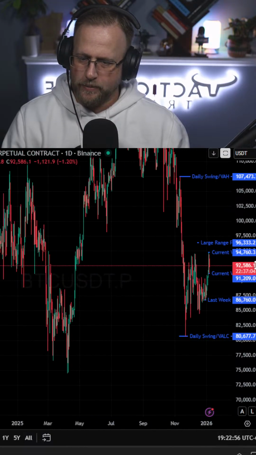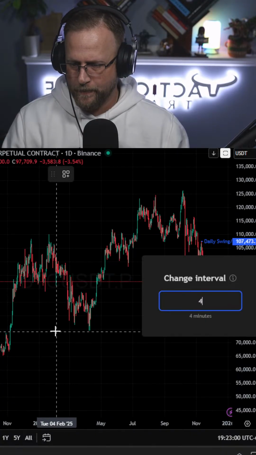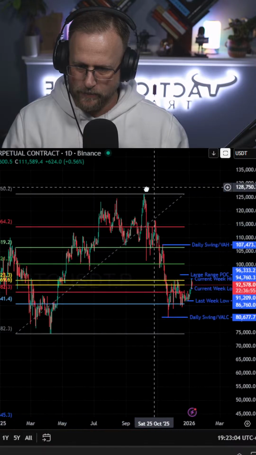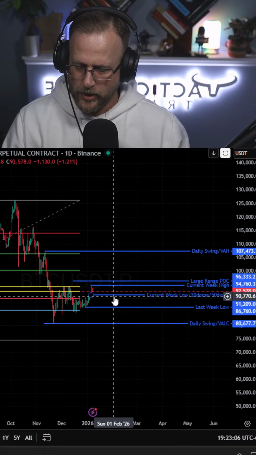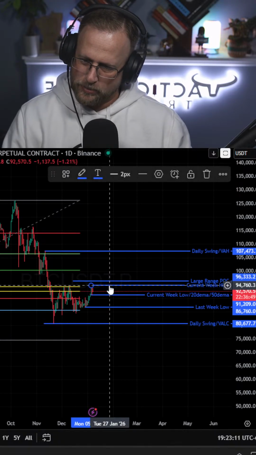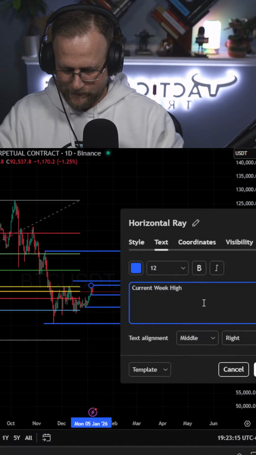What am I missing? Fibs, right? This will be an easy one. We're going to go from the low up to the high. Boom. Current week low right by the, well, the golden pocket. It's kind of right in between the current week low and high. So GP.